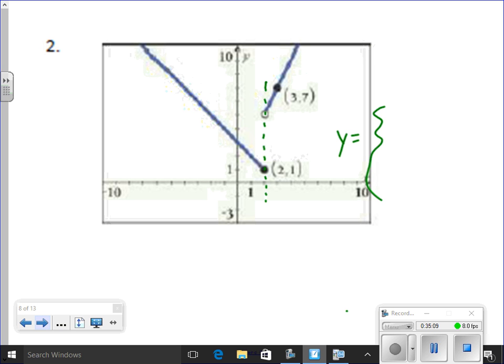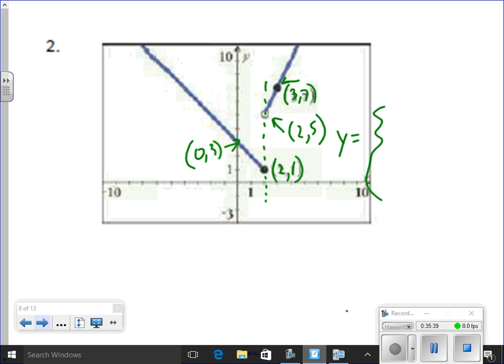So we have the point (2, 1), we also have the point (0, 3), which is right here. We have the point (3, 7), right here. And we have the point (2, 5). So that's going to help us find the equations of these lines.